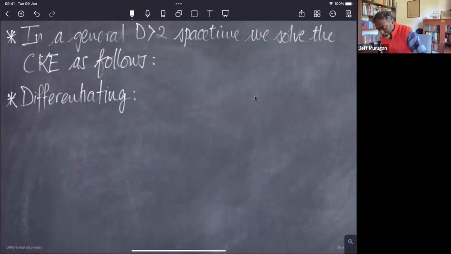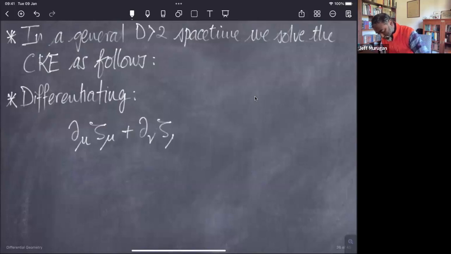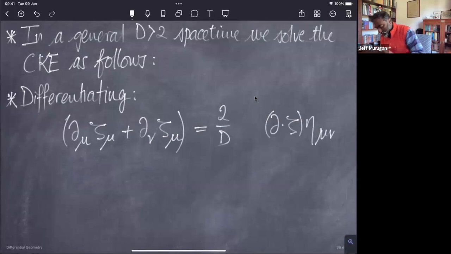So by way of reminder, the conformal killing equation reads d mu zeta nu plus d nu zeta mu equal to 2 over d, d dot zeta, times eta mu nu.